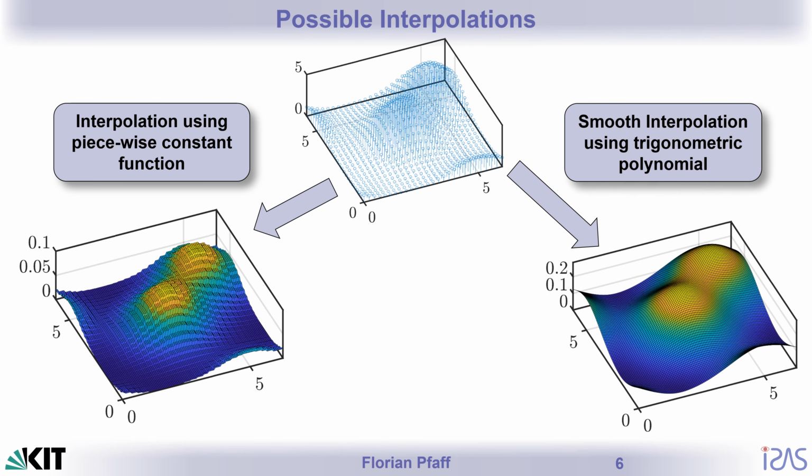It's much better to use a smooth interpolation via a trigonometric polynomial, which gives a pretty smooth density that looks like the original density. While the derivation given in the paper is for the piecewise constant function, you can always choose to interpolate the grid differently to obtain a different smooth function.